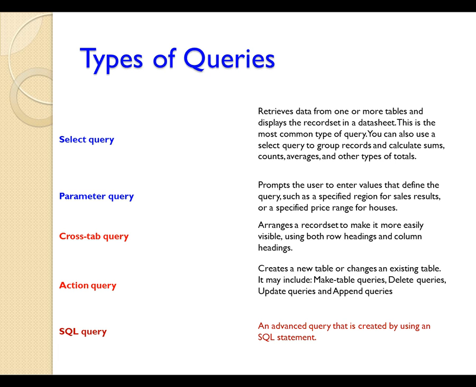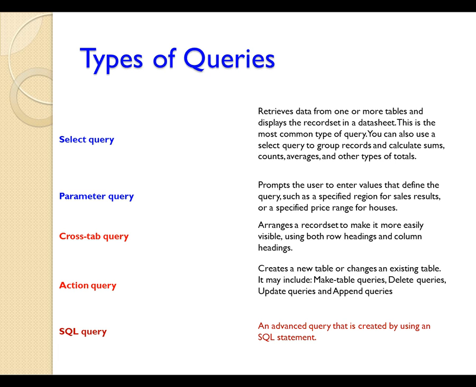It may include make table queries, delete queries, update queries, append queries. What we have to do is mainly select queries and parameter queries. But if you do more, I may be able to set up an exercise for you on action query.